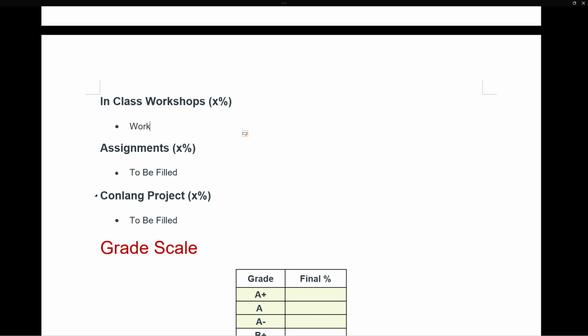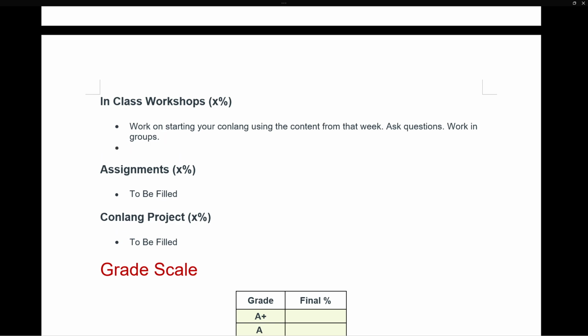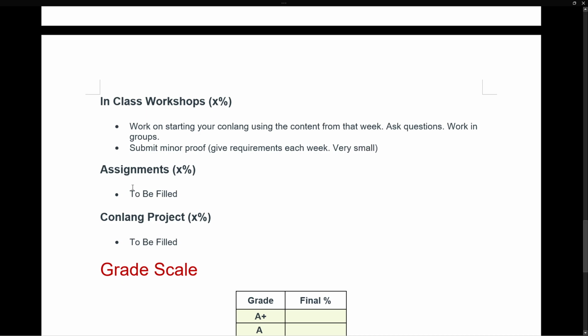So for the class workshops is work on starting your conlang using the content from that week, ask questions, work in groups, things like that. And as far as what I want them to do for me, maybe submit minor proof, and then I'll give requirements each week, very small, so that way people don't have to commit to anything big, but just to show they put in some effort.